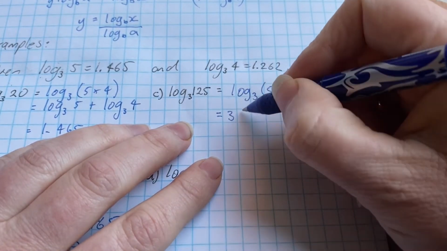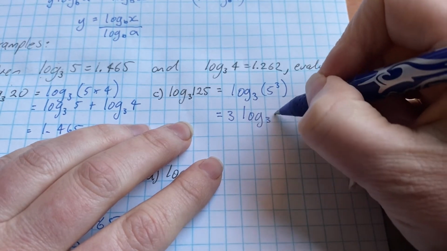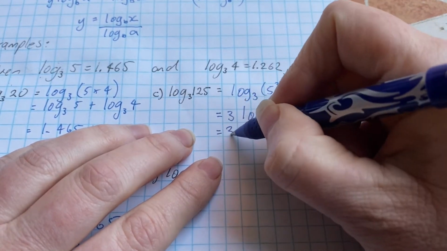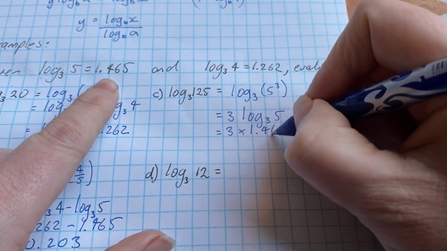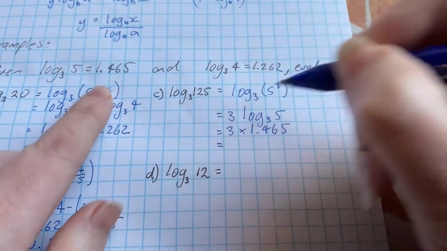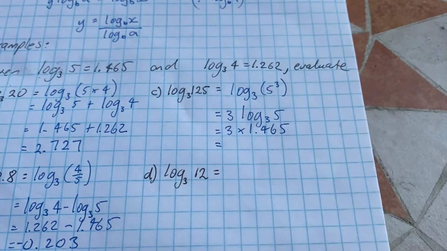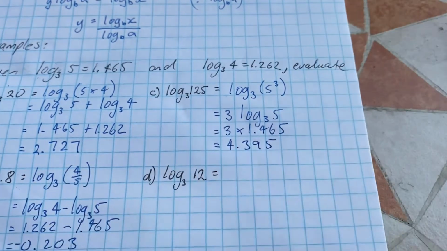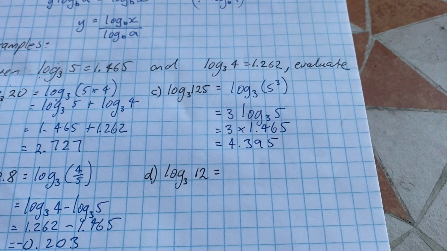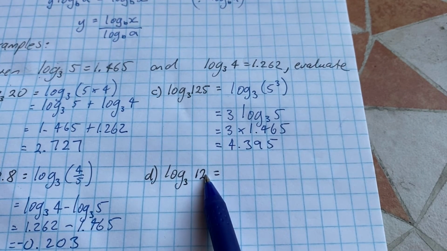So that's 3 times log base 3 of 5. And we know that log base 3 of 5 is 1.465, and that equals 4.395.